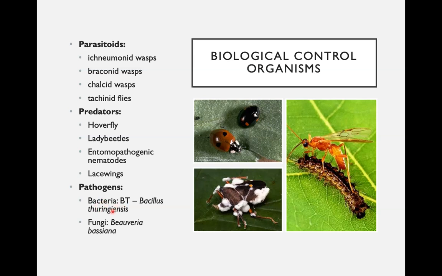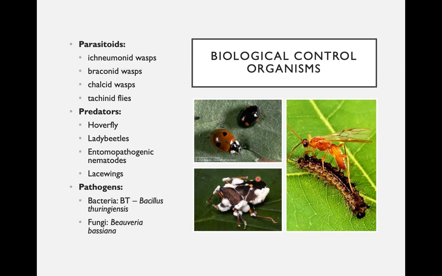So you could buy BT and you can treat your plants with it, and the bacteria will naturally produce this toxin, this protein that is very toxic to many caterpillar species. So it can be used as a biological control for caterpillars. Fungi, another good example. That's what this picture is showing here, Beauveria bassiana.